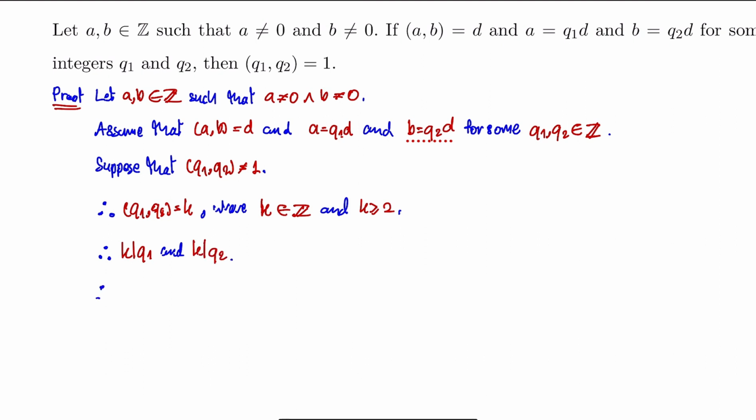So we have integers L1 and L2 such that Q1 is L1 times K and Q2 is L2 times K.